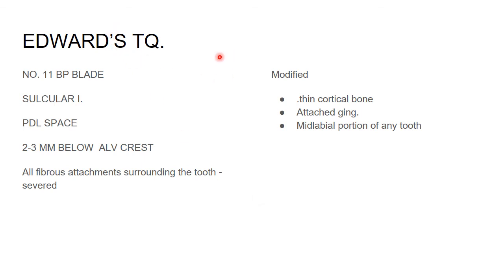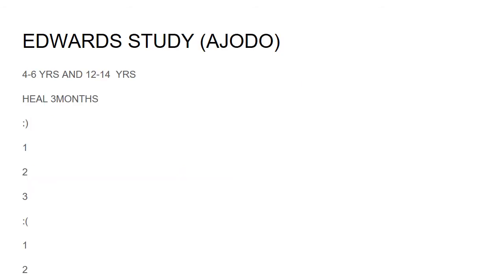Edwards carried out long-term studies. He conducted long-term follow-up studies, observing patients who had undergone the CSF procedure and comparing them with individuals who had not. Those individuals who had undergone the CSF procedure after orthodontic treatment were observed after 4 to 6 years and 12 to 14 years.